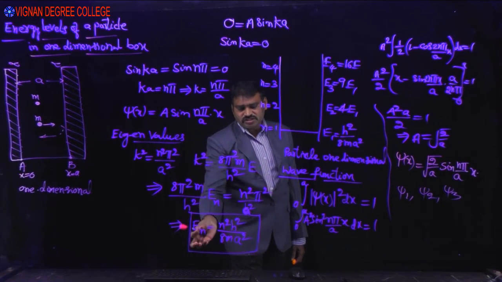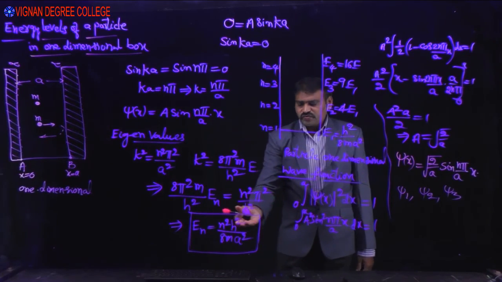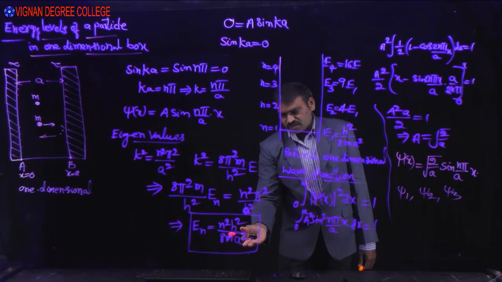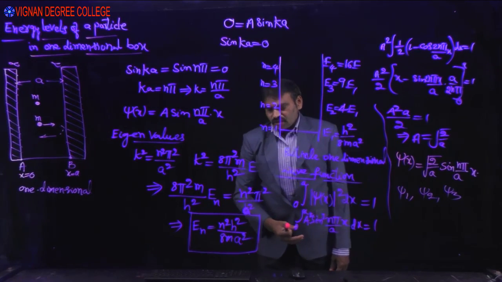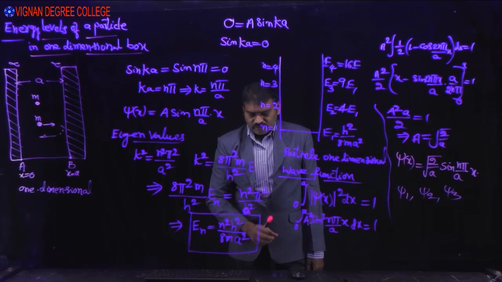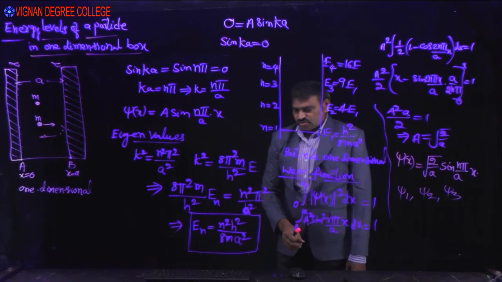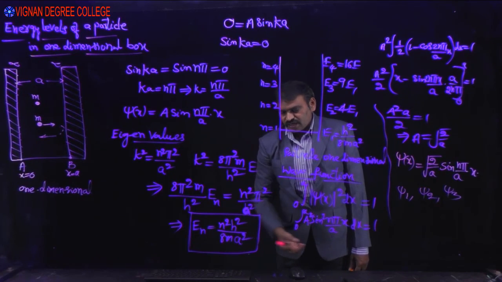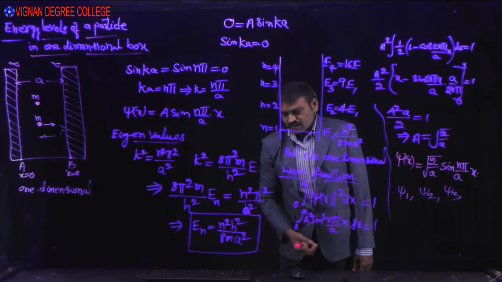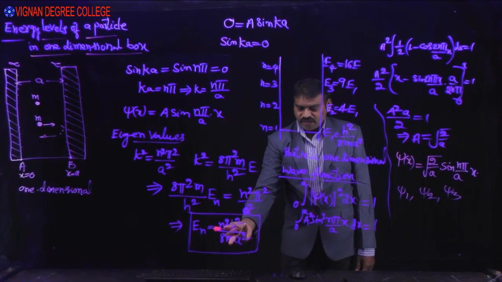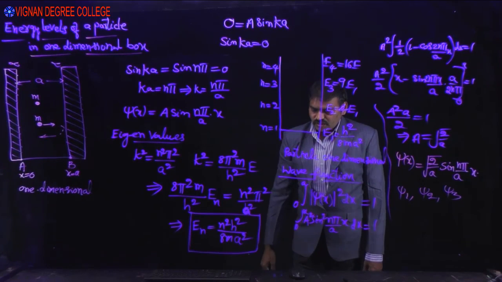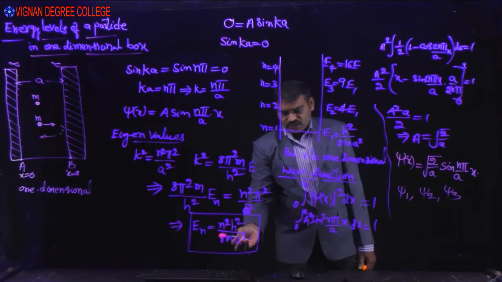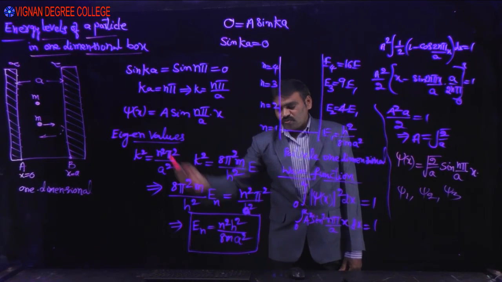The energy level E sub n is equal to n square h square by 8ma square. Here n is the number of the energy level, h is Planck's constant, m is the mass of the particle. If the particle is an electron, take the mass of the electron. If the particle is a proton, take the mass of the proton. Then a is the distance between the two walls.